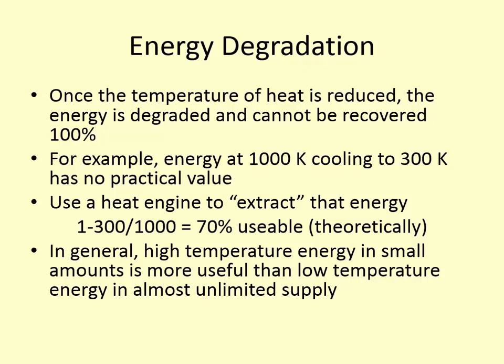But if we put a heat engine between these two thermal reservoirs, then theoretically 70% of that energy is usable. So high temperature energy in small amounts can often be very useful to us, much more so than low temperature energy in unlimited supply, like the sun shining all around every day, which isn't useful unless we do something to collect it.